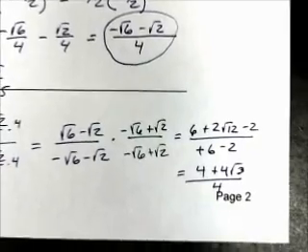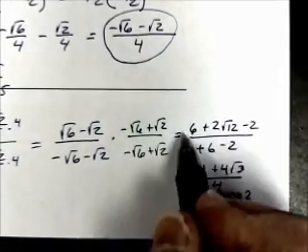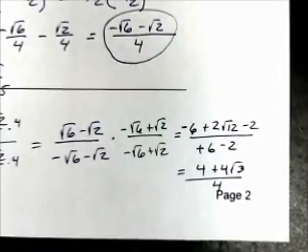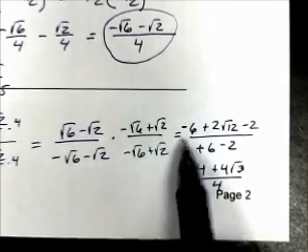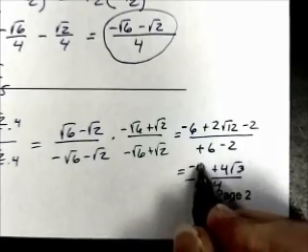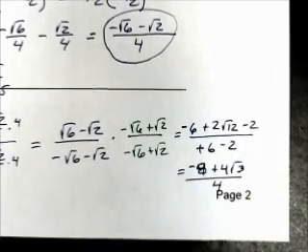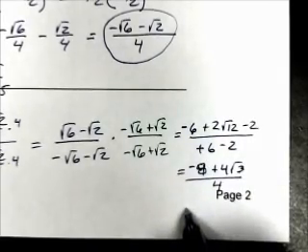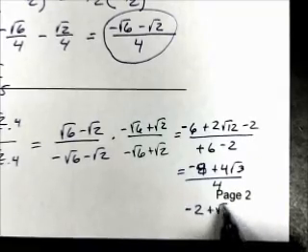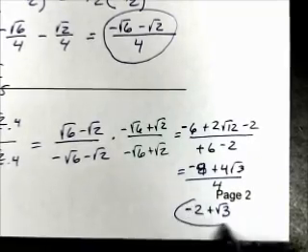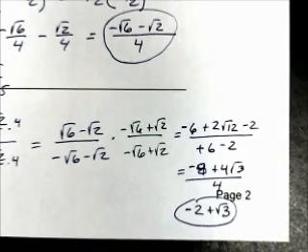I'm sorry, I know I'm getting long in the video, so I'm rushing through and I'm missing my signs. This would be negative 8. And dividing by 4 finally, negative 2 plus the square root of 3 is our final answer. Thank you very much.